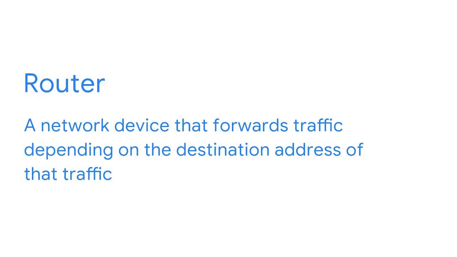From a very basic standpoint, a router is a network device that forwards traffic depending on the destination address of that traffic. A router is a device that has at least two network interfaces, since it has to be connected to two networks to do its job.